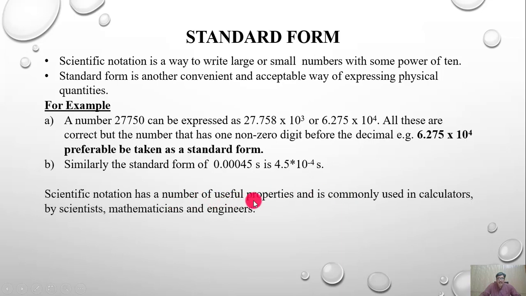Scientific notation has a number of useful properties and is commonly used in calculators. You might have seen while doing some calculation in calculators that such standard forms also appear during the calculation. It is used in calculators by scientists, mathematicians, and engineers.